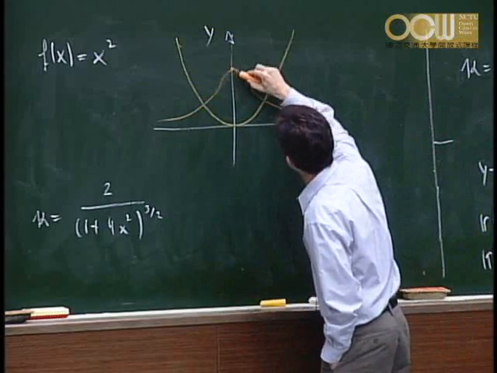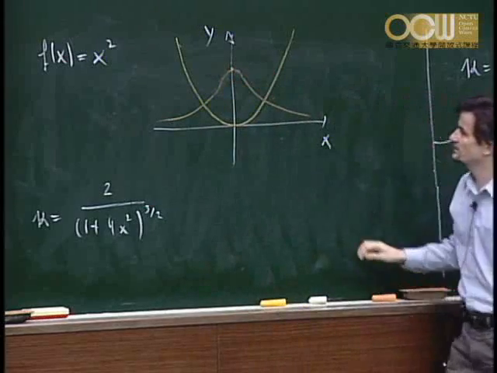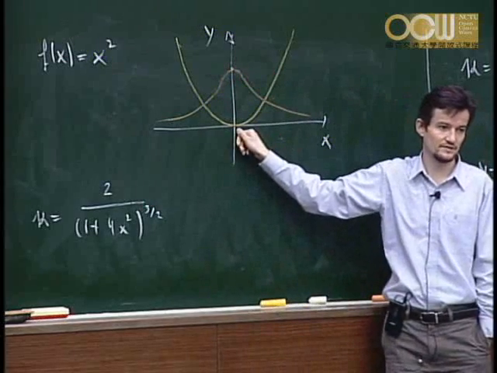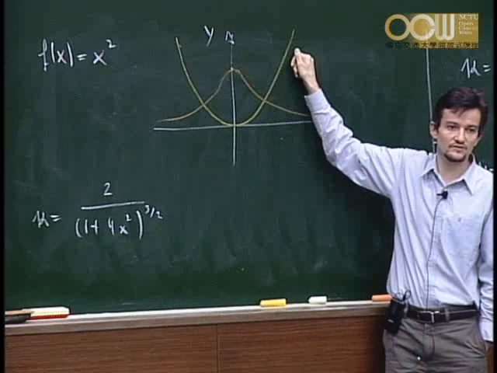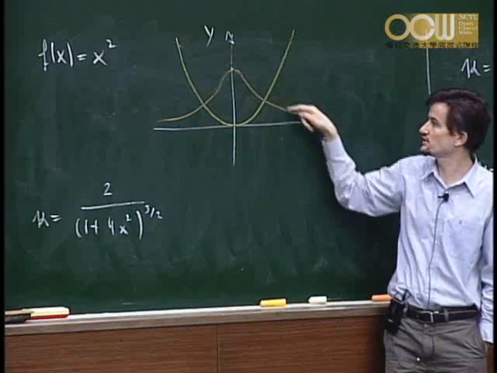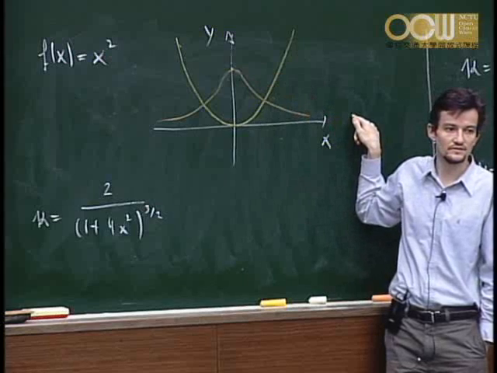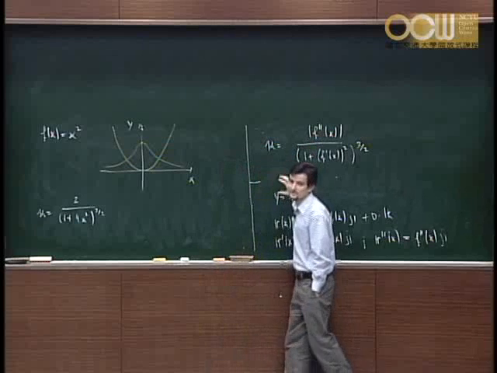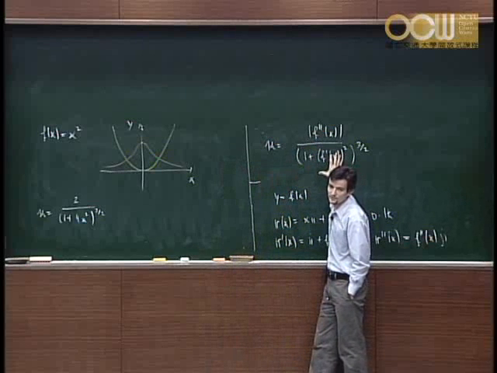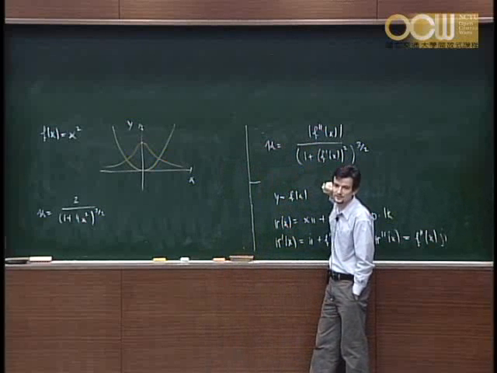You see this again makes perfect sense, because here the curve is most curved, and as you walk up here, the curve is getting less and less curved. So the curvature should go to 0. So this formula is a much better measure for how curved the curve is than just taking the second derivative.